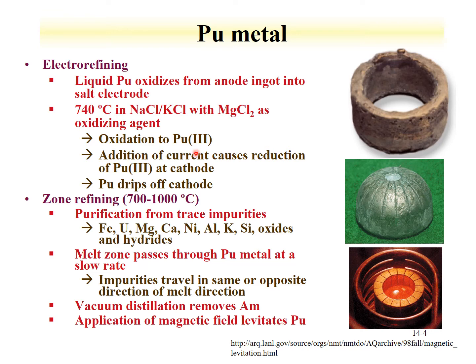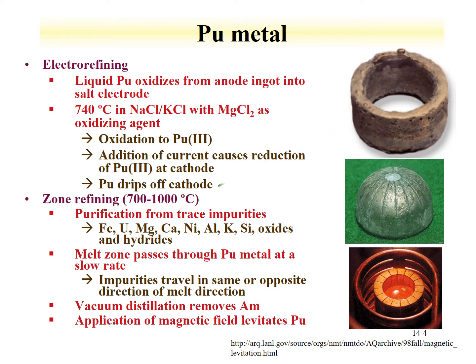This plutonium-3 can go to the cathode, where reduction occurs, and when the plutonium metal is formed, it melts and it drips off the cathode into a criticality safe shape, such as this ring shown here.